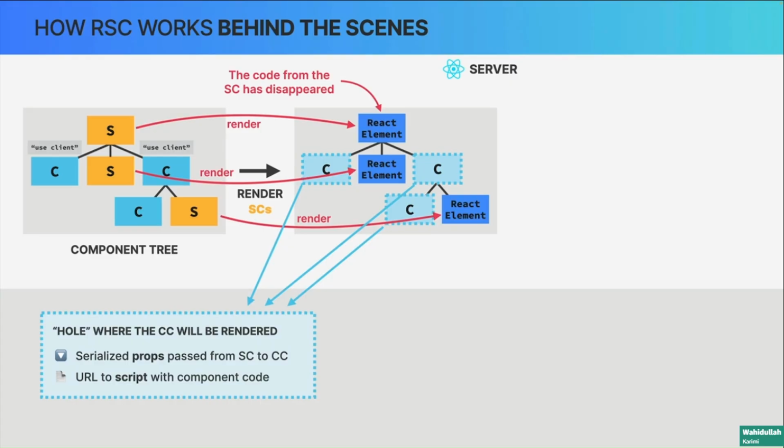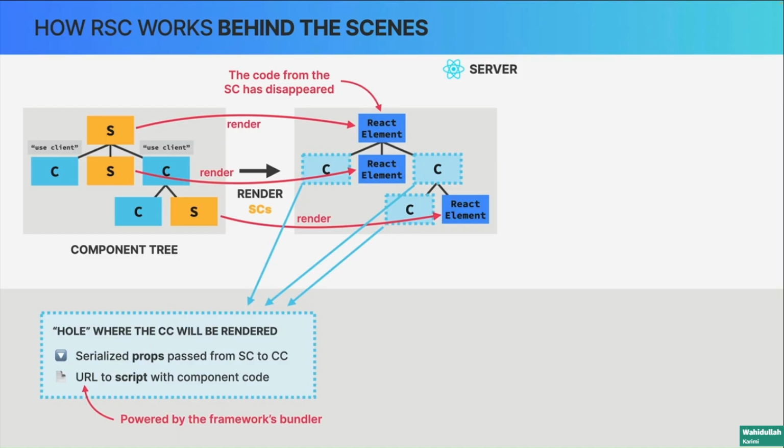Now, creating the script with the component code and the URL pointing to it is something pretty complex that must be powered by the bundler that the framework is using, and not by React itself. And so this is just one more reason why it's almost impossible for us to implement RSC ourselves without a framework.